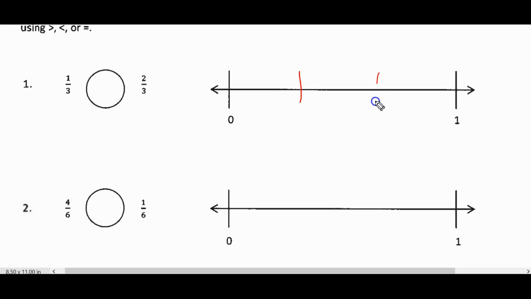No, about like that. Okay, 1/3 is right here. 2/3 is right here. So this is 2/3, and this is 1/3. So here I have 1/3 is less than, greater than, or equal to.